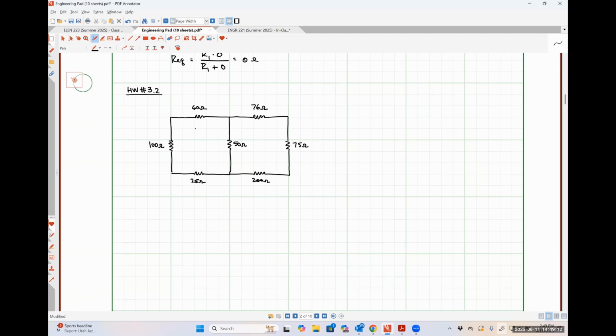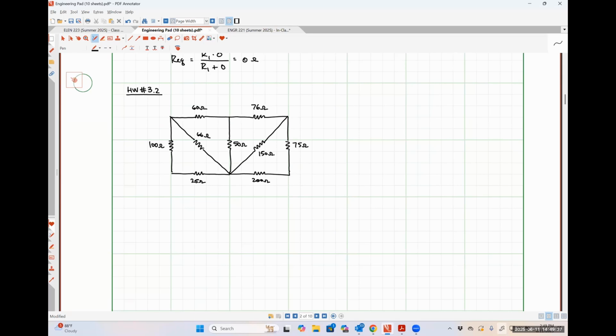And then lastly, we have two diagonal resistors to take into account as well. So this guy is going to be 66 ohms. And this guy over here is going to be 150 ohms.